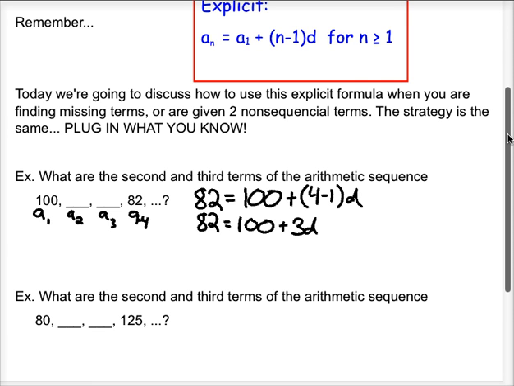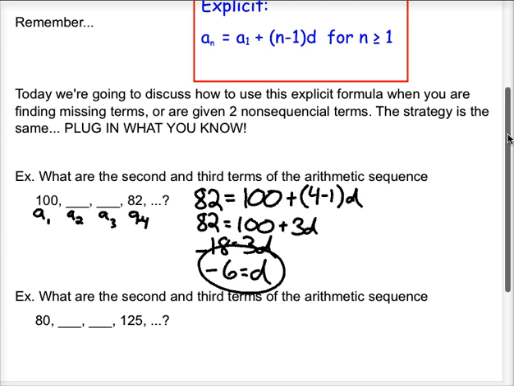And once you plug in that information, now all you're doing is solving a linear equation. So I'm going to subtract 100 from both sides, then divide by 3. So I'm getting that D is -6.